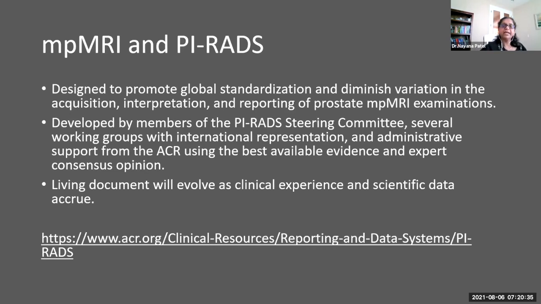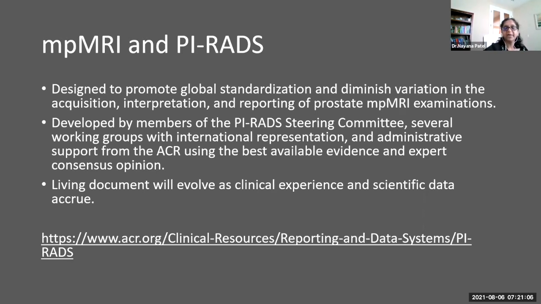So with that goal in mind, the PI-RADS steering committee and several working groups with international representation came up with the expert consensus opinion. This document was designed to promote global standardization and diminish variation in the acquisition, interpretation, and reporting of the prostate multiparametric MRI exam.